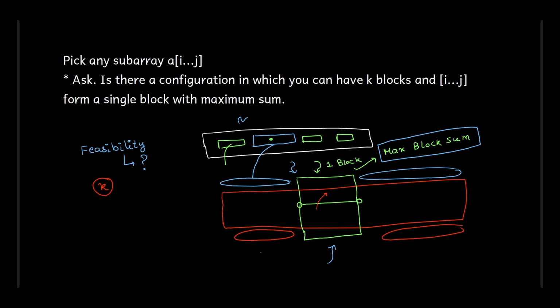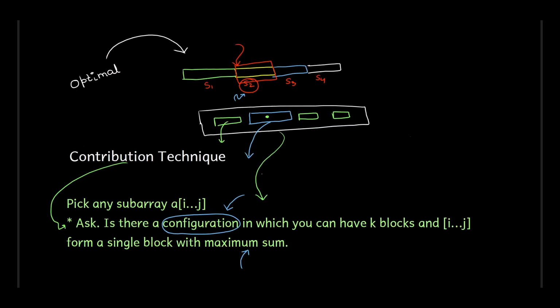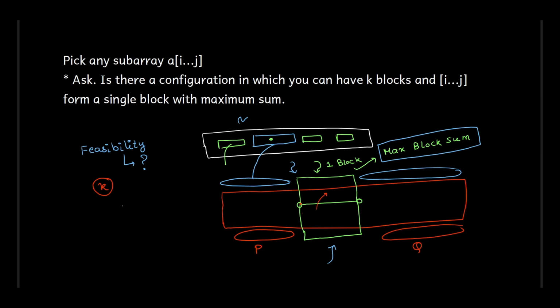Suppose the total number of elements on the left hand side is p, and on the right hand side is q. So how many blocks can these p elements create? Your goal is to create exactly k blocks, and one block you have already created.